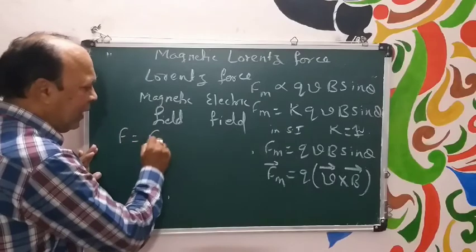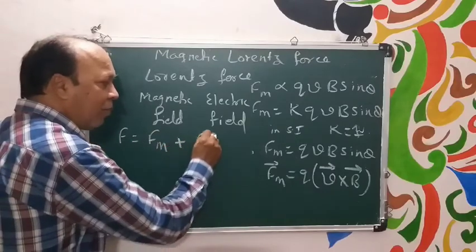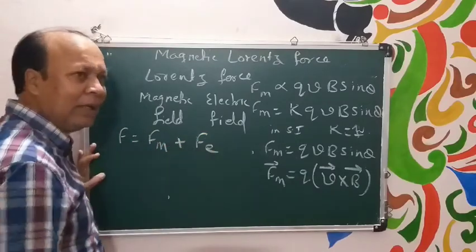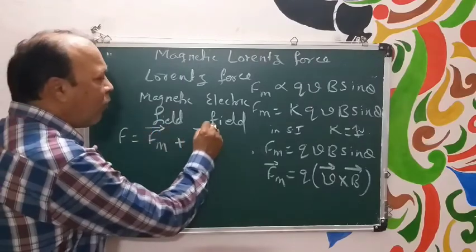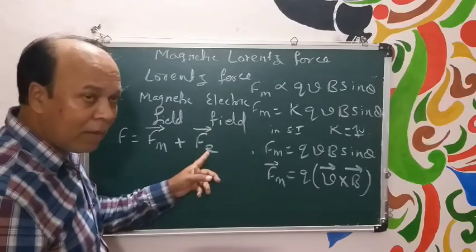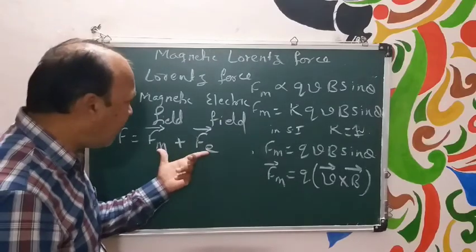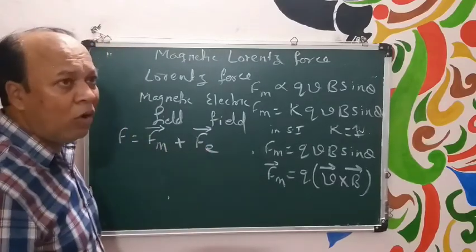It will experience magnetic force as well as electric force. So now the net force should be the vector sum of magnetic force plus electric force. This combined force is known as Lorentz force.